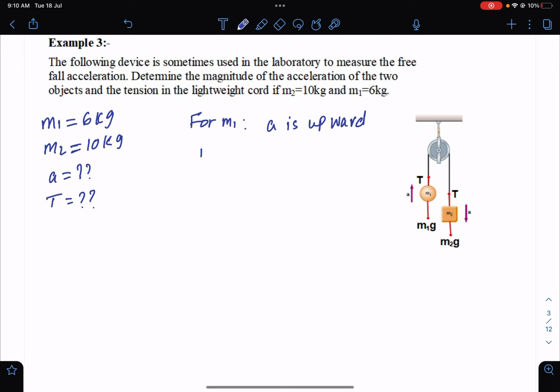We take upward to be positive. Therefore, T is upward and M1G is downward: T minus M1G equals MA, which is M1A. This is equation number 1.